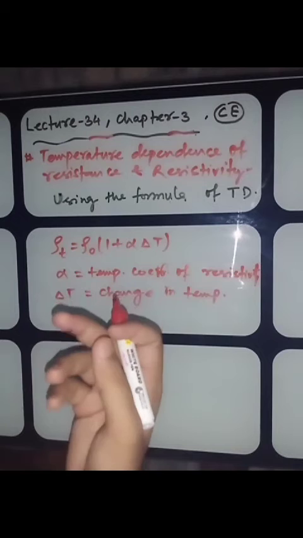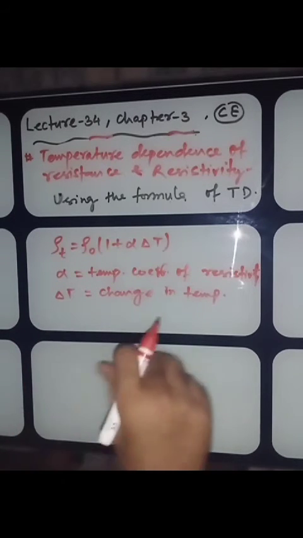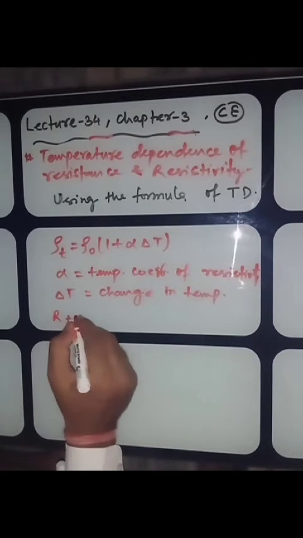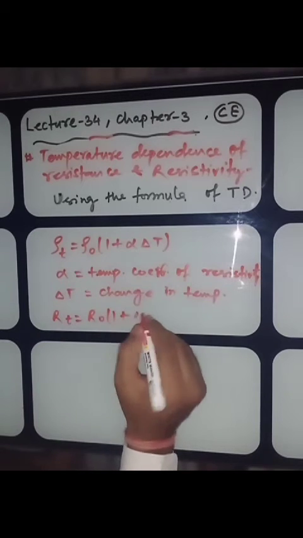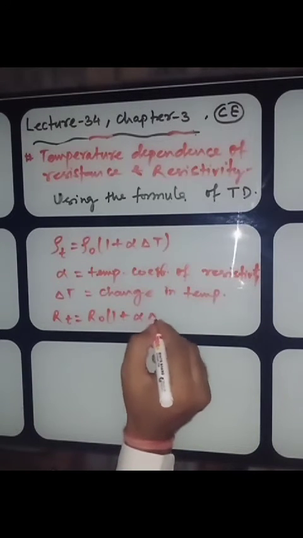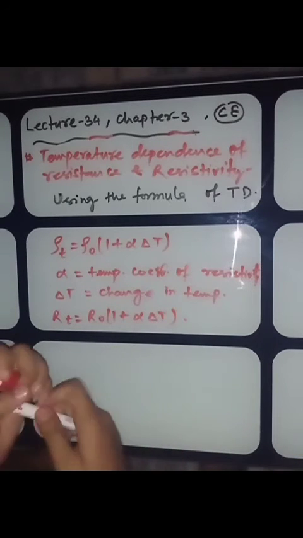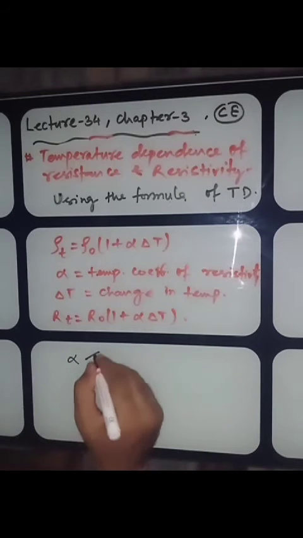In a similar way you can write the resistance also, my dear student: R_T equals R naught (1 + alpha delta T). This alpha could be positive or negative.